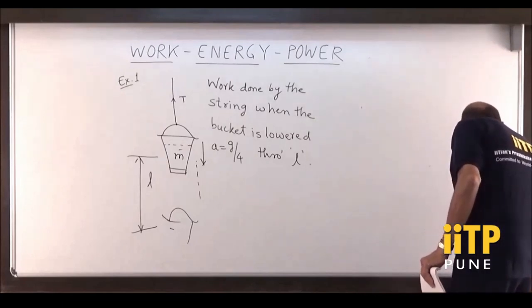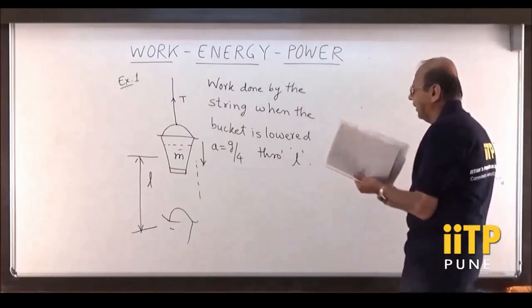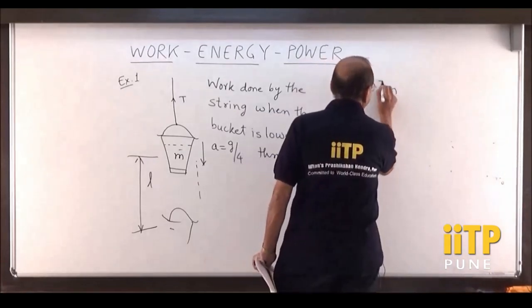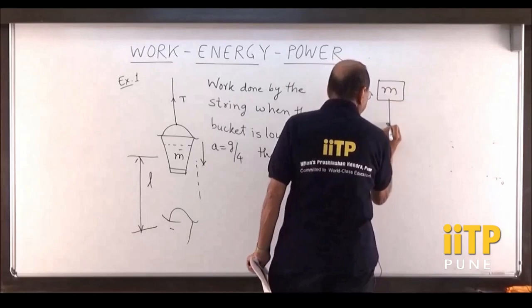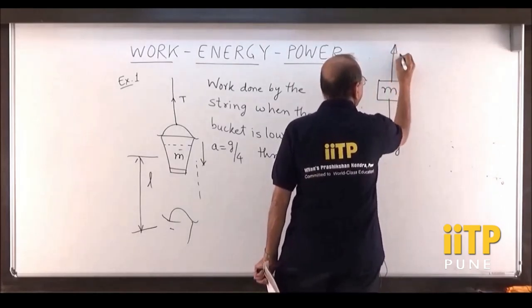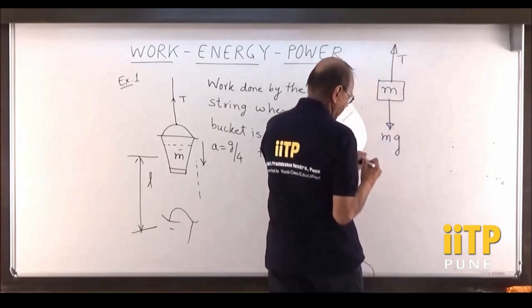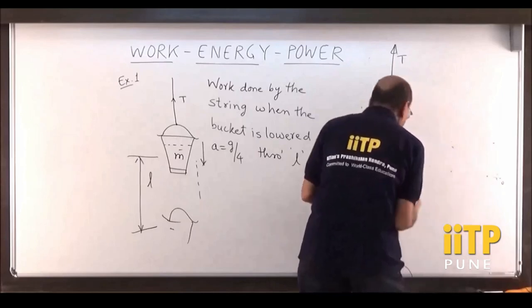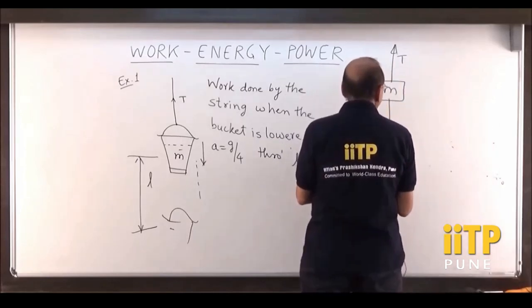For this purpose, if I draw a simple free body diagram of the bucket with mass m, naturally the force mg is acting downwards and the tension is acting upwards, and it is already given to us that the bucket accelerates downwards with a equal to g by 4.